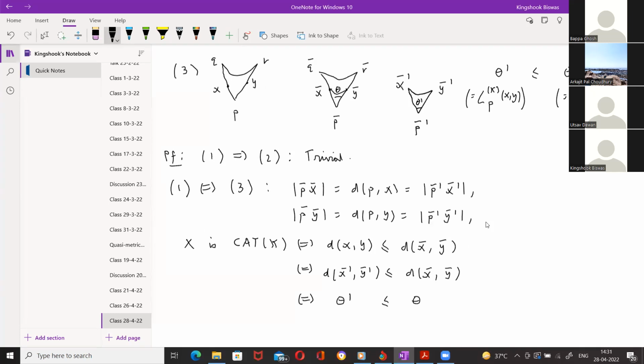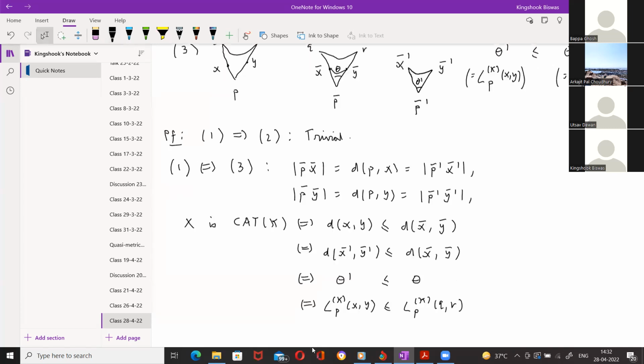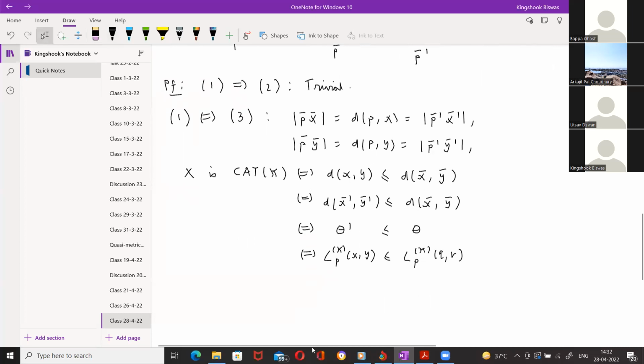Okay, so that is if and only if this angle p kappa xy is less than or equal to angle p kappa qr. Is this okay? Yes.